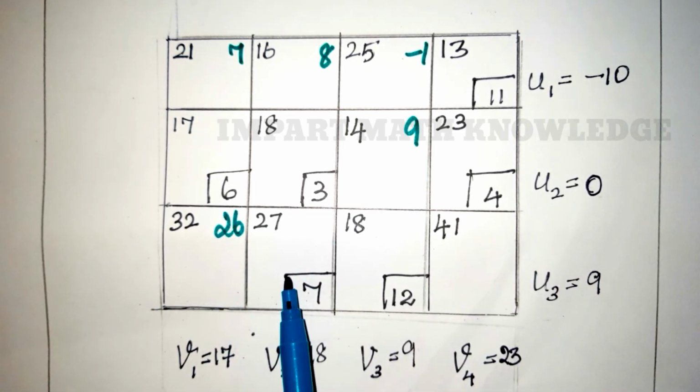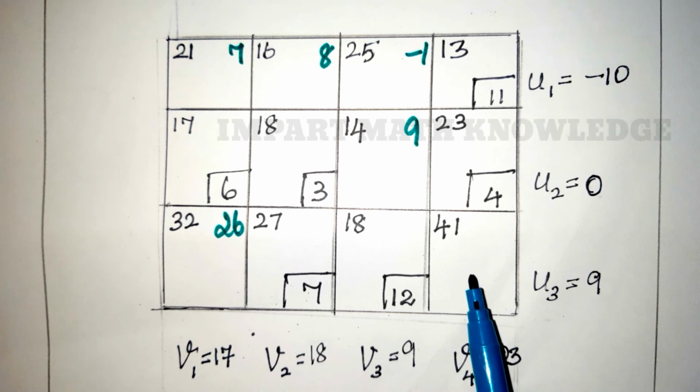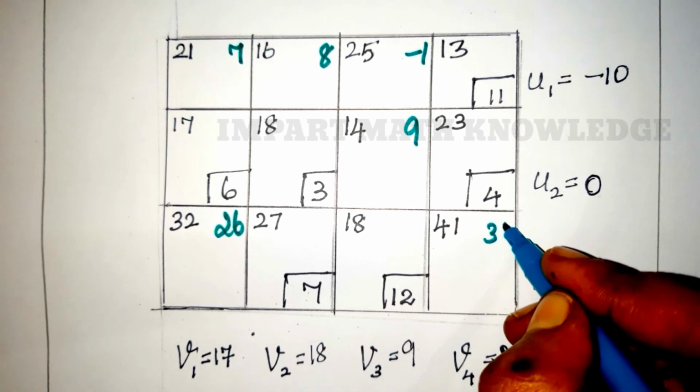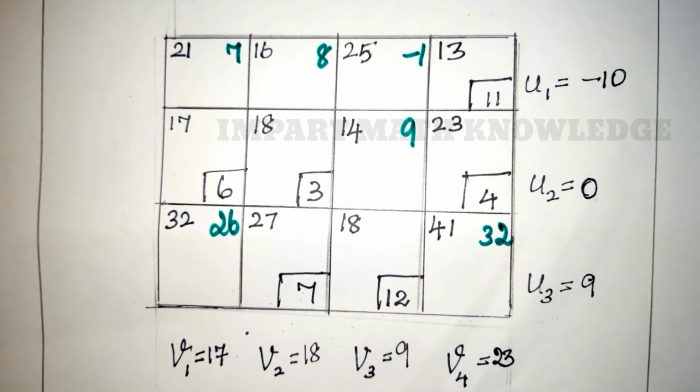This is an allocated cell, leave it. This is an allocated cell, leave it. This is an unallocated cell. For this cell U value is 9, V value is 23. If you add these two values you will get 32. Modi method step 2 is over.